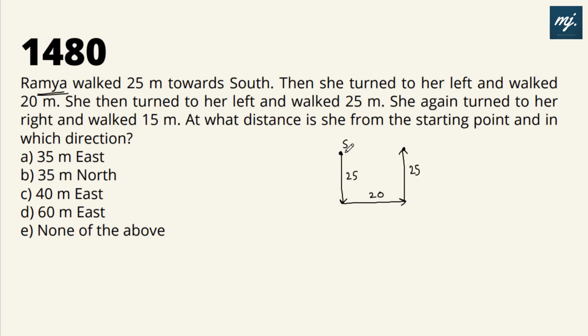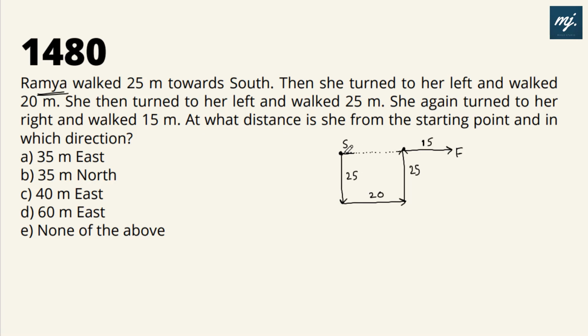Now this position is actually in horizontal distance from the starting position. That is 25. She again turned to her right and walked 15 meters. Right means towards east, 15. Now this is her final position. At what distance is she from the starting point and in which direction?